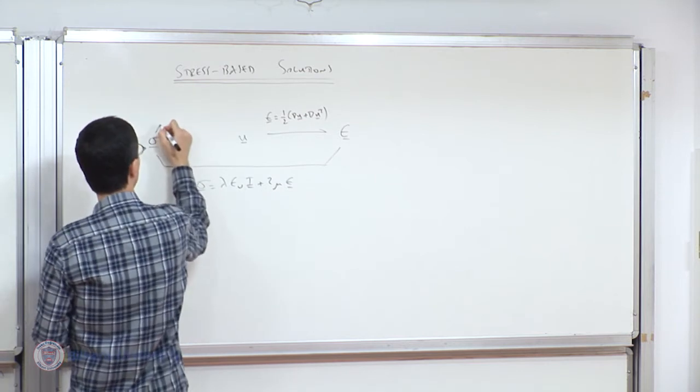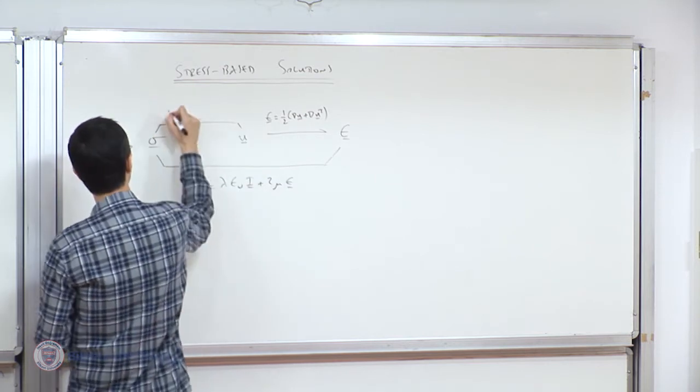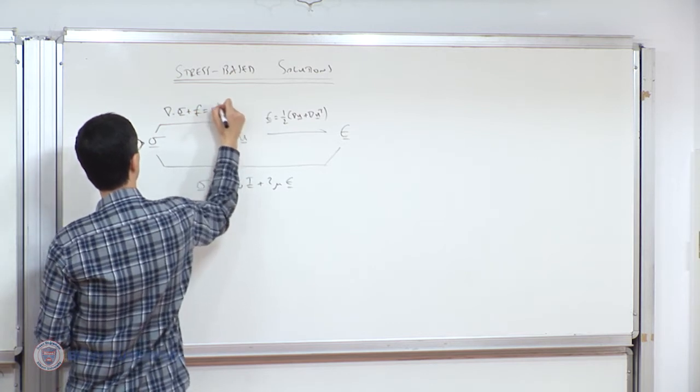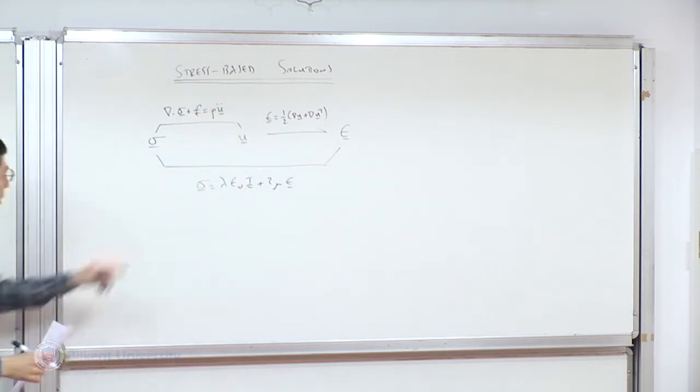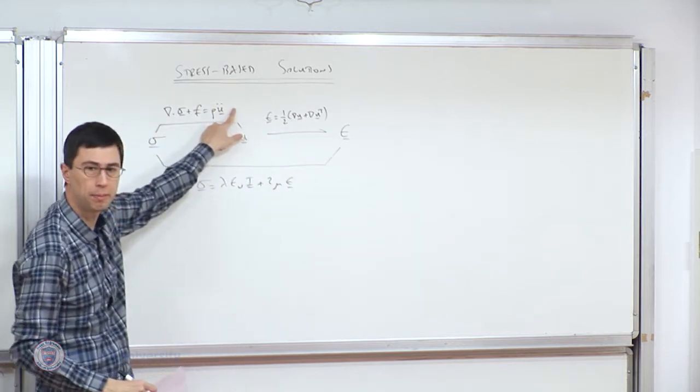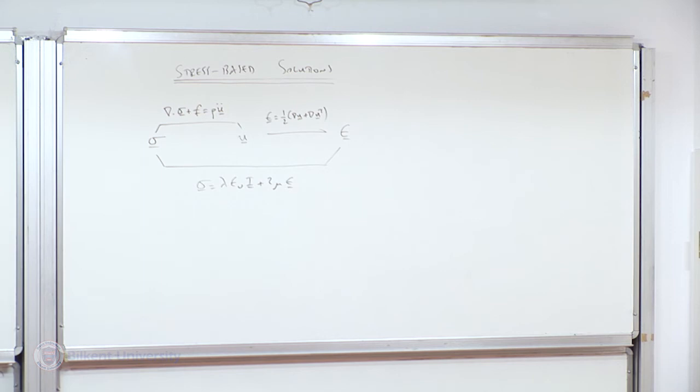And finally, we invoked equilibrium. And once you start with the displacement, go through this loop, and eventually close it with equilibrium, you started with a proposal for the form of the displacement. This is your proposal. You observe certain symmetries, and you simplify the possible solution.